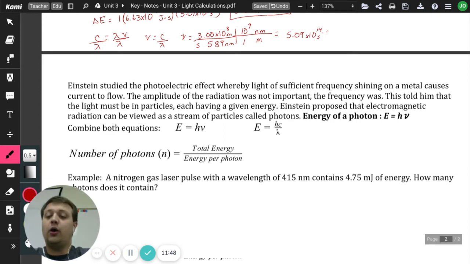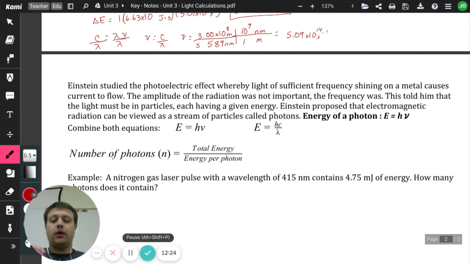And what he found is that if I take light of sufficient frequency and shine it on a metal, that's going to cause a current to flow. So there's actually going to be energy moving from one side of that metal to another. So there is current going on.